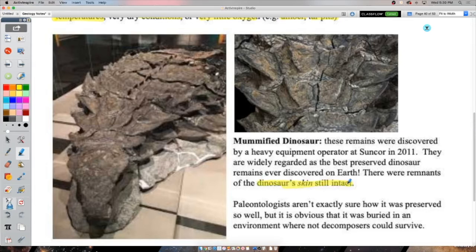Remember, the last dinosaur went extinct 65 million years ago. This is skin that we could reach out and touch. And if you were touching it, you were literally touching that dinosaur's skin, not rock shaped like skin, the actual skin from 65 million years ago. Okay. So obviously, this thing was buried in an environment where no decomposers could survive.